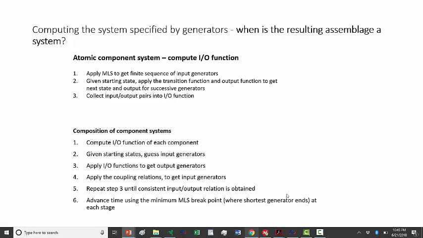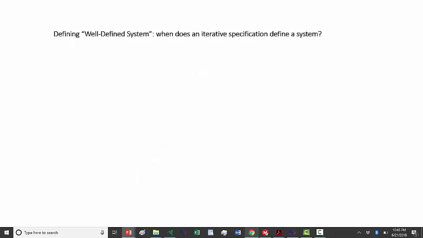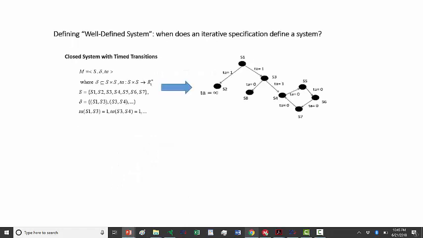This really does need some theorem to tell us under what condition such an assembly results in a well-defined system. So we'll give some quick idea of what is involved. We can think about a closed system with timed transitions.